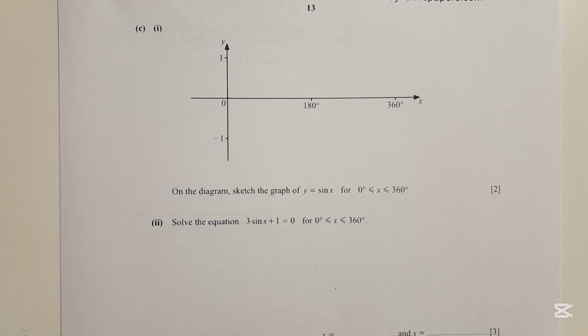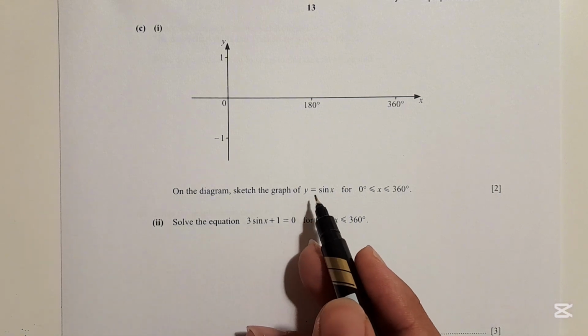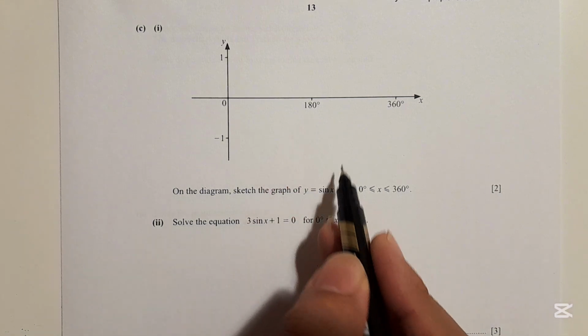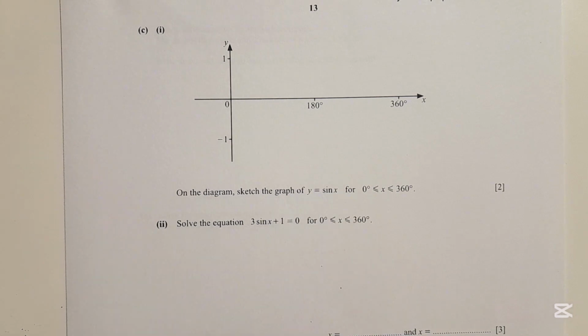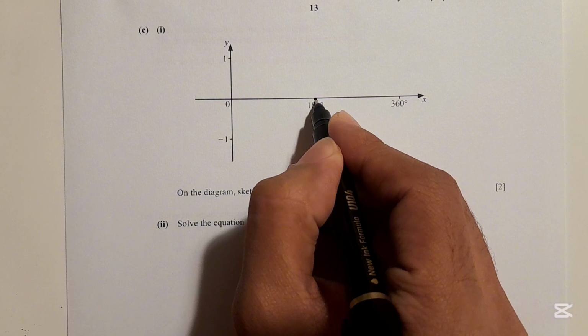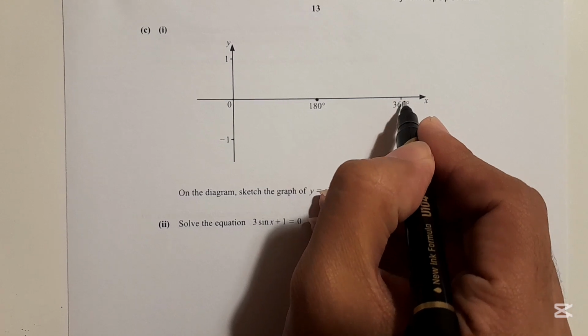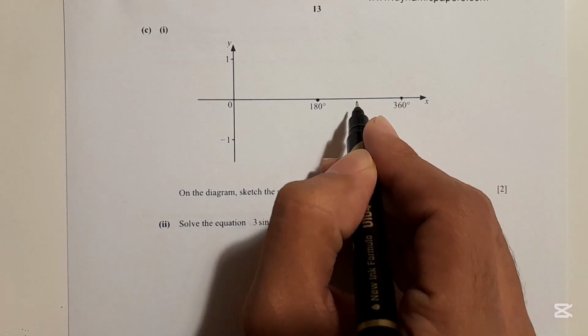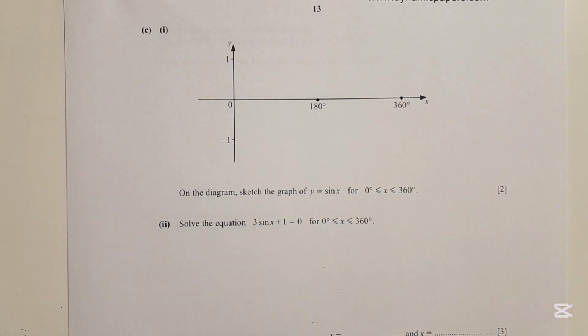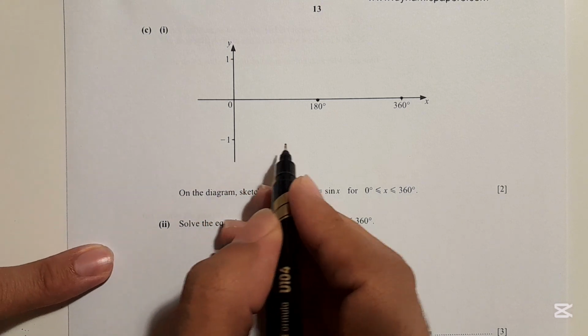Question C, part 1 states on the diagram sketch y is equal to sine x. So sine 180 will be 0. Then sine 360 will be again 0. Then between 180 and 360 is 270, so sine 270 will be minus 1.